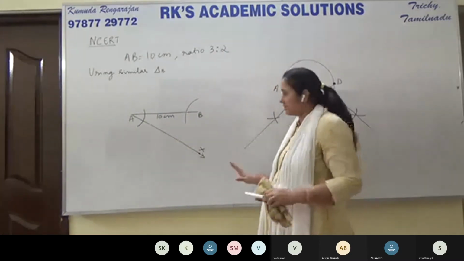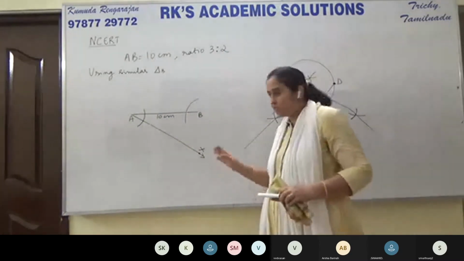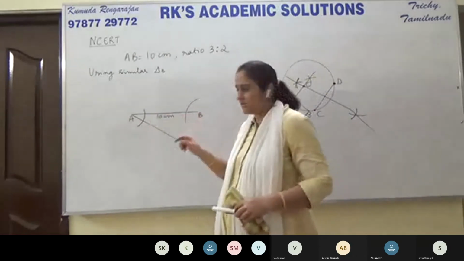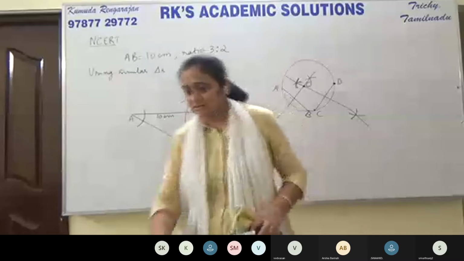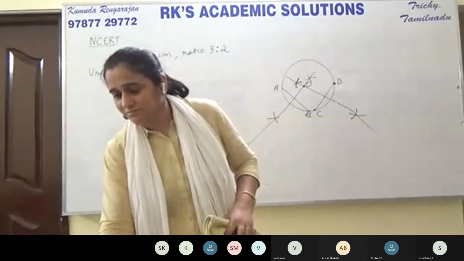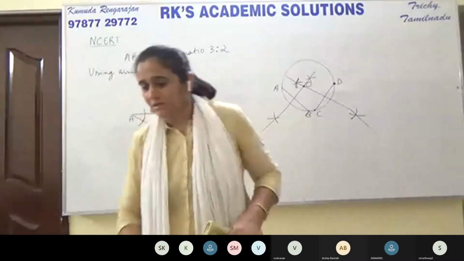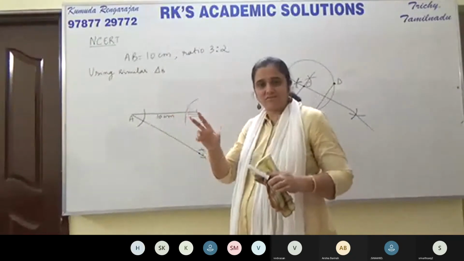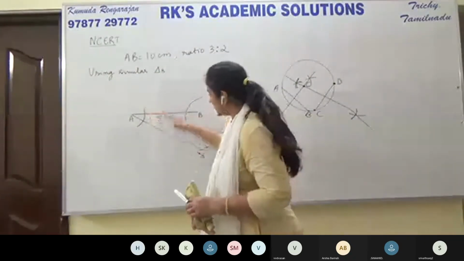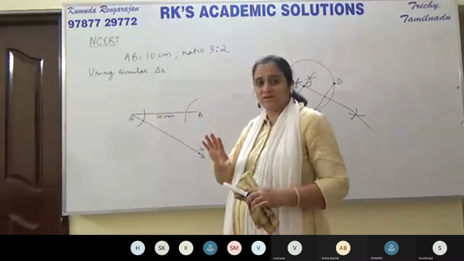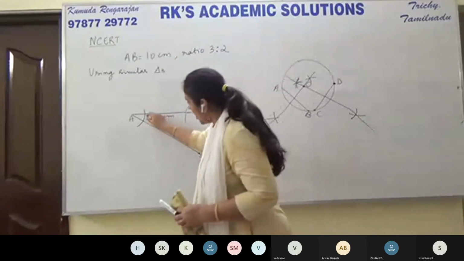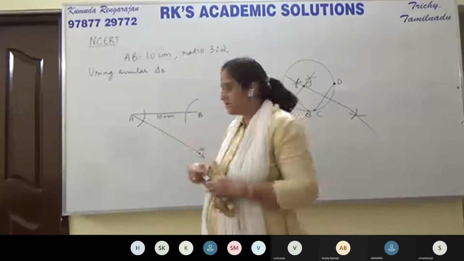Okay, so we are now here. Now go back to this one. See, we're trying to copy this angle here. Now you have to change the radius. For this arc and this arc, we used the same radius. Now you measure how wide the angle is.